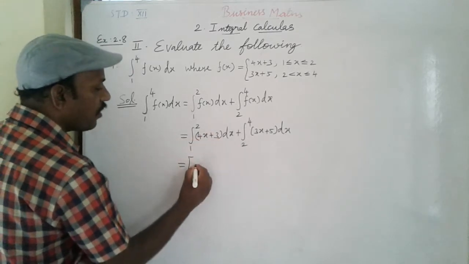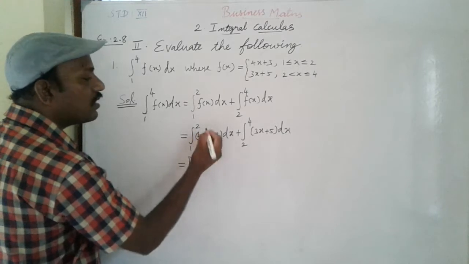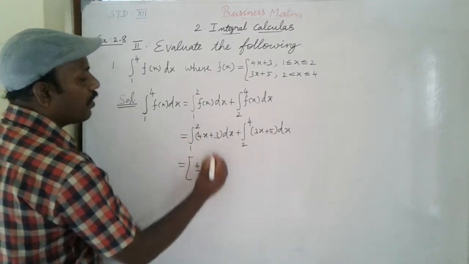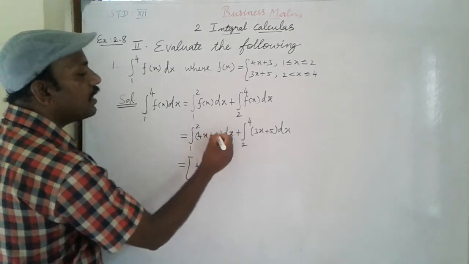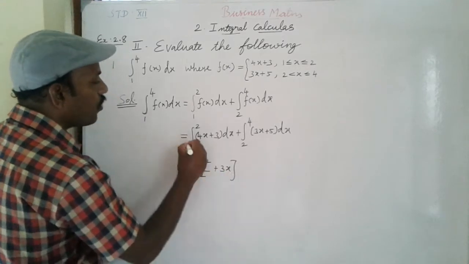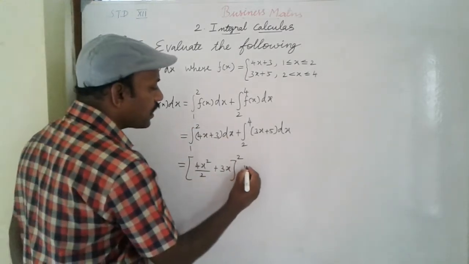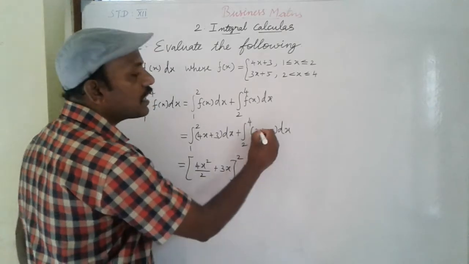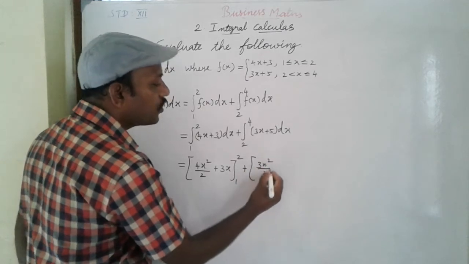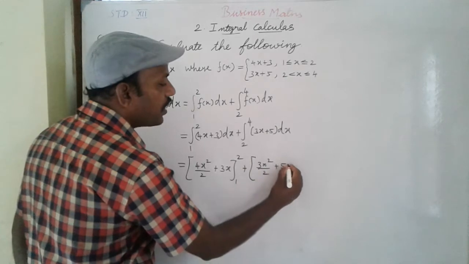4x integrates to 4x square divided by 2, plus 3 integrates to 3x. So the limit is 1 to 2, plus integrate this value: 3x integrates to 3x square divided by 2, plus 5 integrates to 5x.